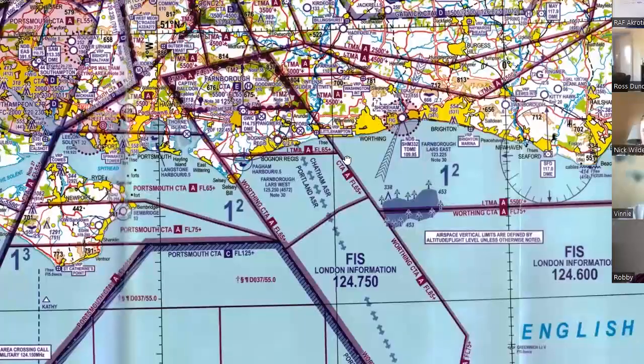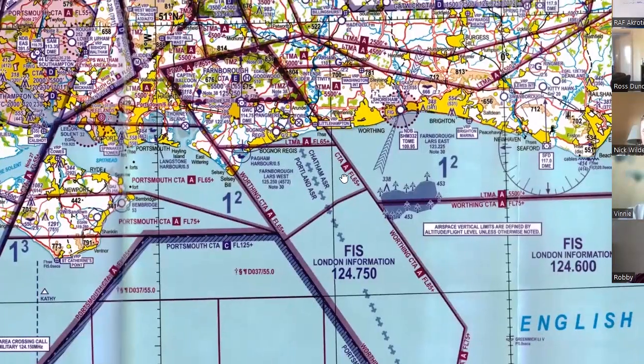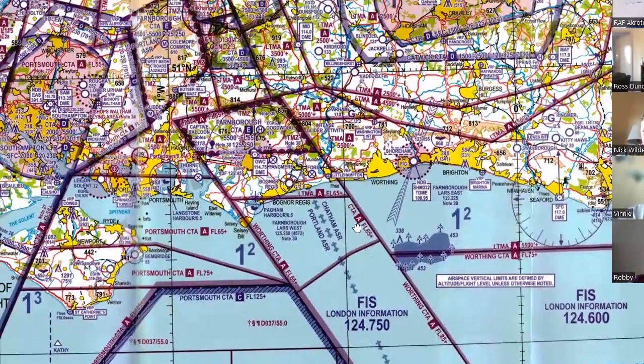And if you were flying near somewhere like Farnborough, where it's right close to the two regions, they would actually give you two QNHs, and they would say something like the Chatham QNH is 1017, Portland QNH 1018.